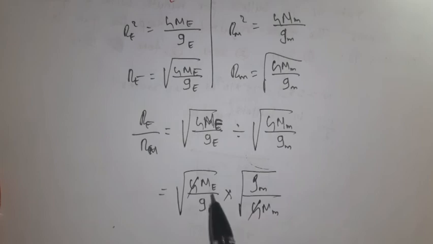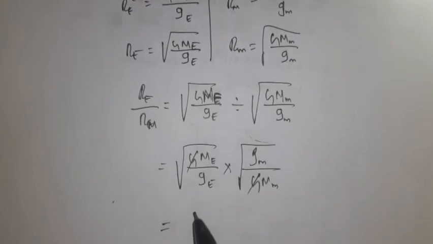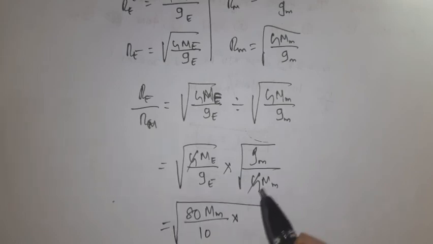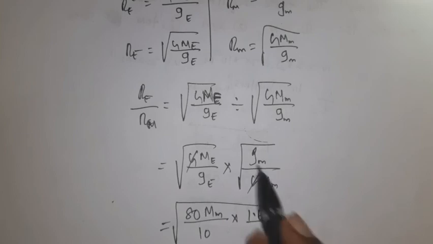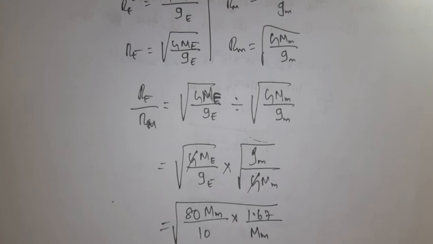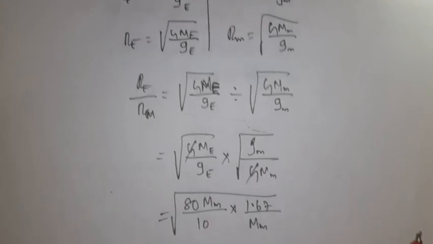Mass of the earth is 80 times greater than the mass of the moon. So the Me value is 80 Mm in the given question. By ge, the acceleration due to gravity, in the question is given as 10, into, here there is a root. The gm value is 1.67, the acceleration due to gravity on the surface of the moon. Then this is Mm, so this Mm is going to be cancelled.